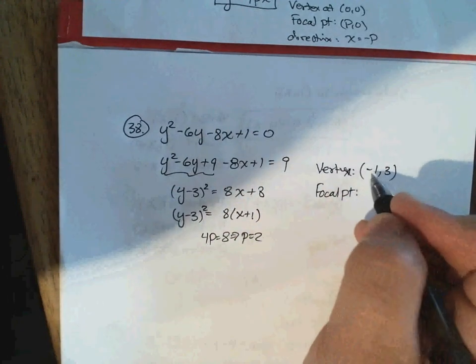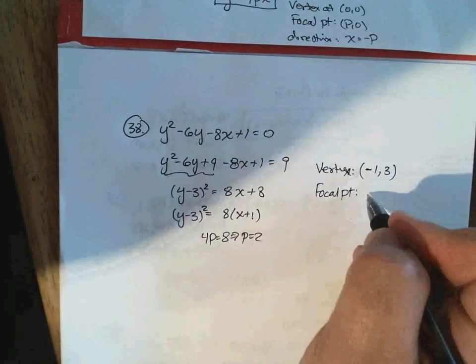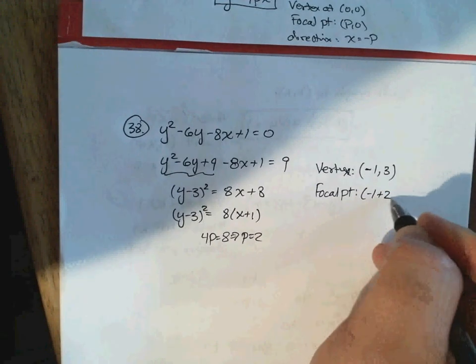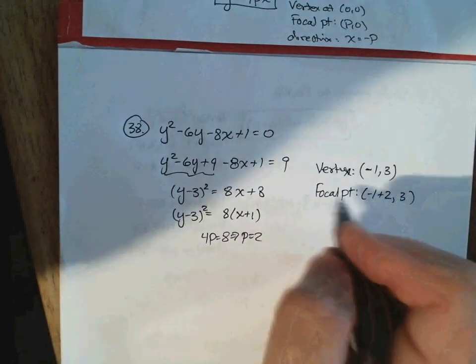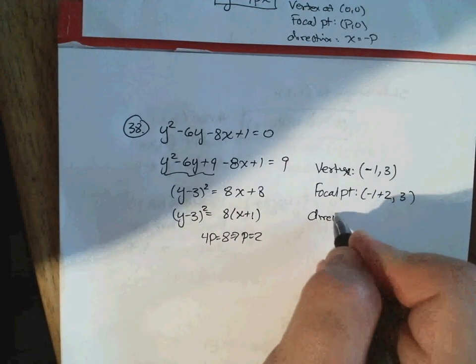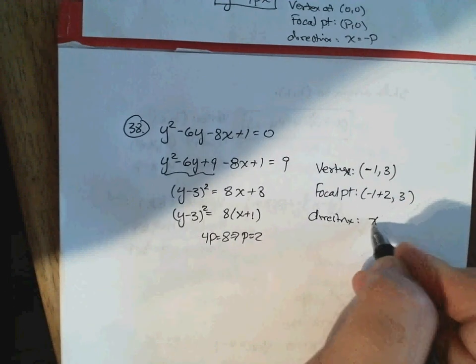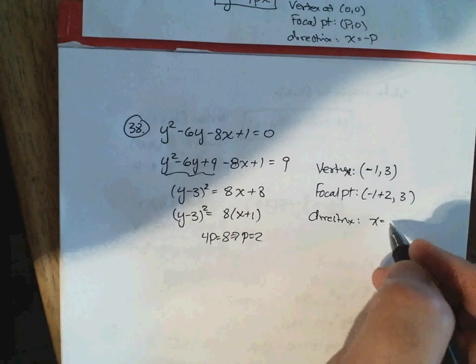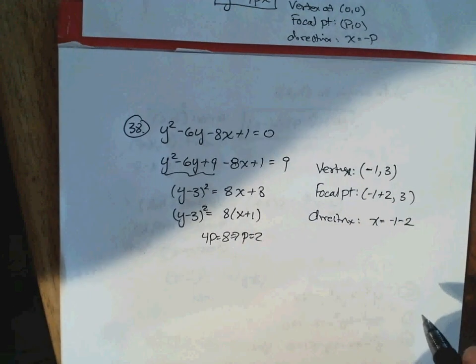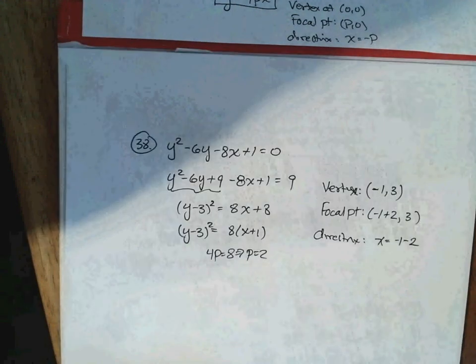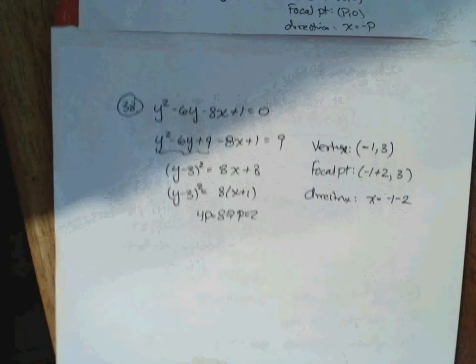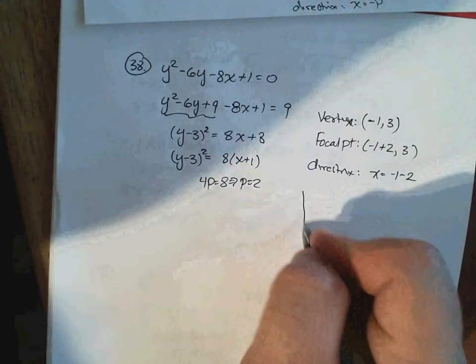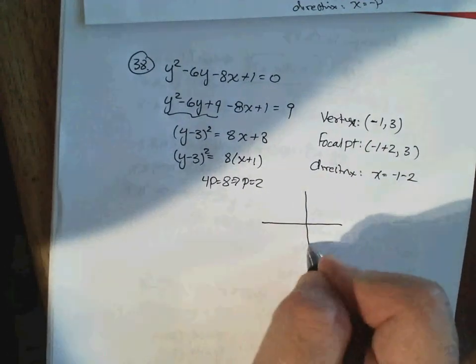And since the y is being squared instead of the x, this is a sideways parabola. So I'm going to move sideways, meaning in the x direction. Negative 1 plus 2 gets me to the focal point. And the directrix, I move in the negative direction from this negative 1 position, so negative 1 minus 2. And there's my information to create the graph.